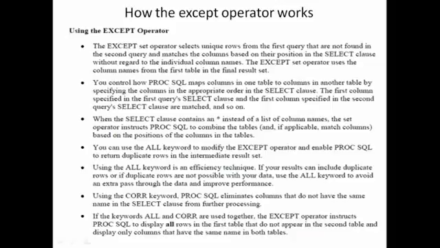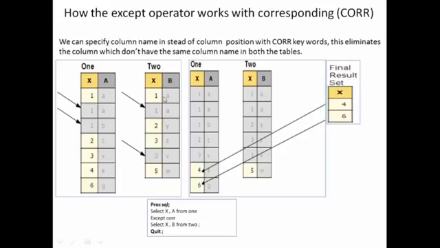There is one more word called CORR. Let me explain that CORR, then we'll come back here. One more option we have is the corresponding option. When we use corresponding, SQL gives importance to the variable name, not the position of the variable.